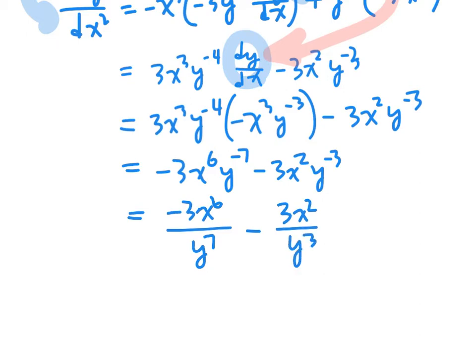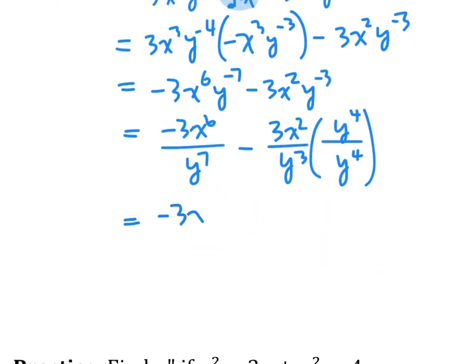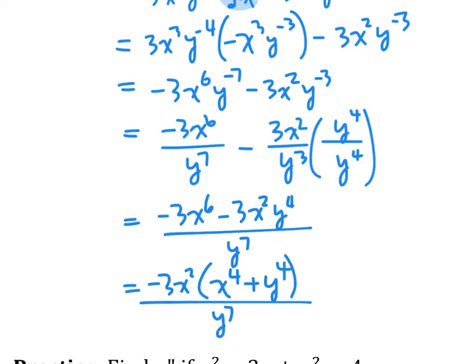If I wanted to combine them, I need this to be the 7th. At this time, you can simplify some more if you want: in the numerator, you can take out a negative 3x squared. So then you get x to the 4th plus y to the 4th. Okay, that should be as much as we can simplify.